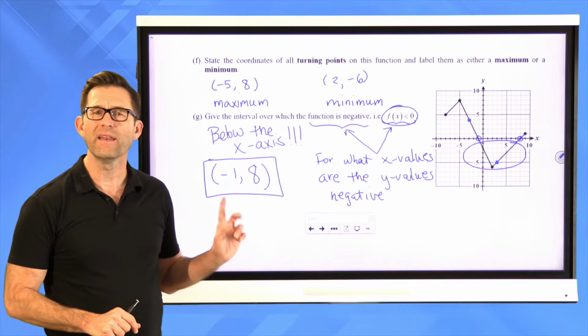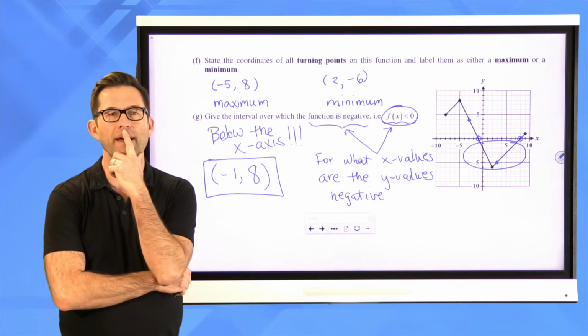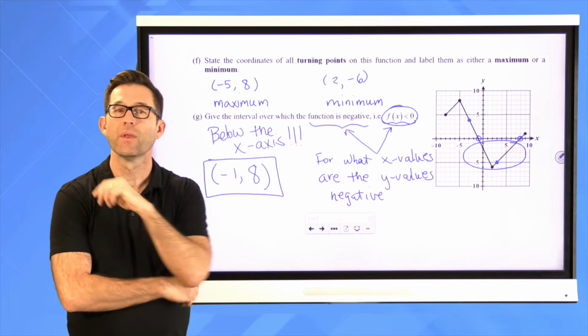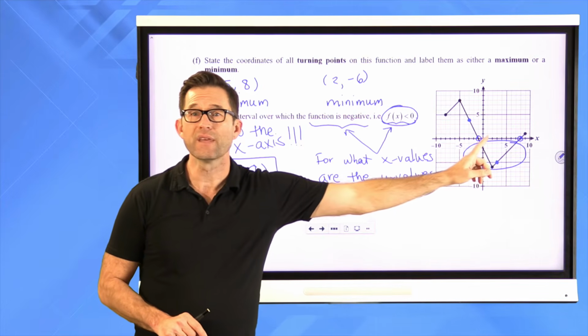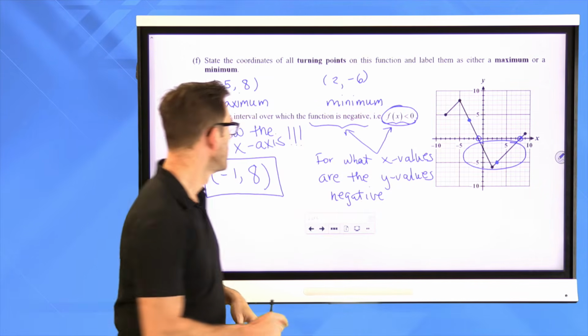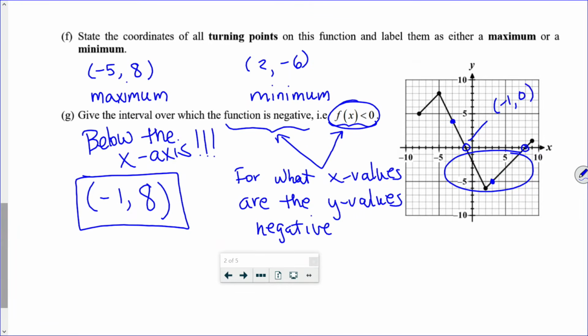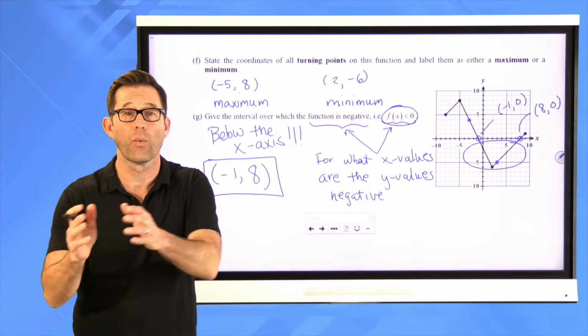Now, why do I not include the -1 and the 8? Take a moment to think about that. Okay, well, the real key is, what are the coordinate points at -1 and 8, right? At -1, we have the point (-1, 0), and at 8, we have the point (8, 0). Well, the question is, is the function negative there? Well, the function, again, is the y values.